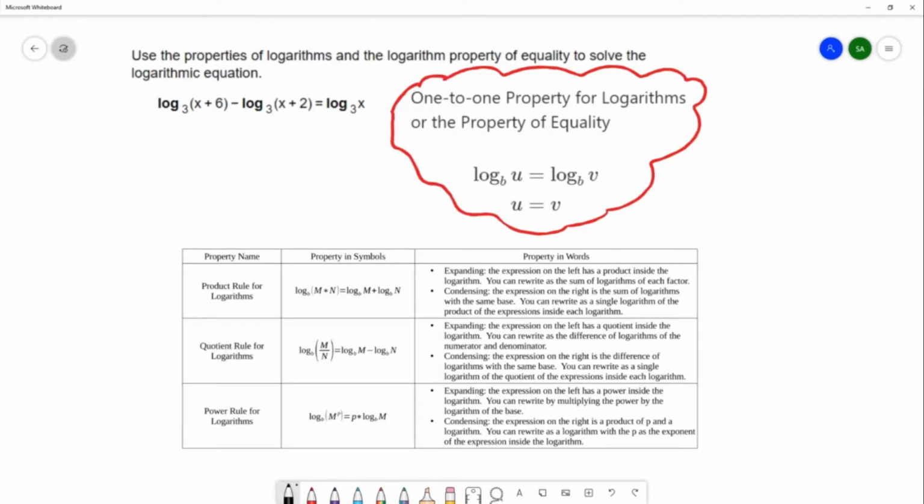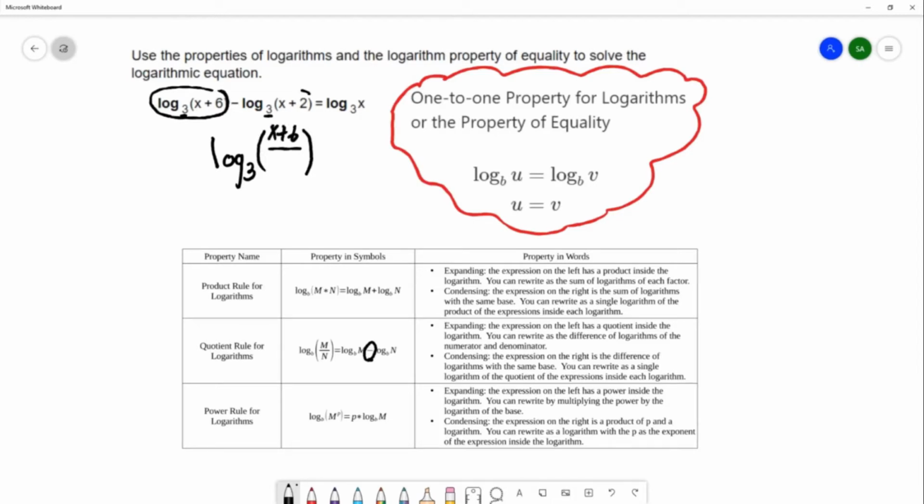The way we're going to write the left-hand side, both of them have base 3, so we're going to write one log with base 3. Inside that log, I'm going to do division because we have subtraction of two logs. In the numerator, we use the log that is positive, x plus 6.